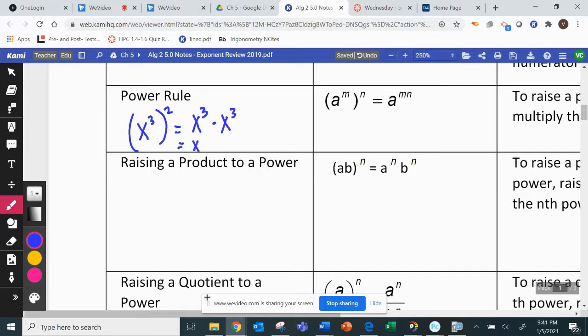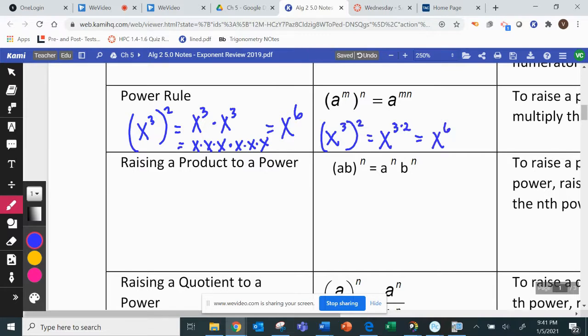That's the same thing as x times x times x times x times x times x, which gives me x to the 6. So the algebraic rule would be to take x to the third squared and rewrite that as x to the 3 times 2, which is x to the 6.